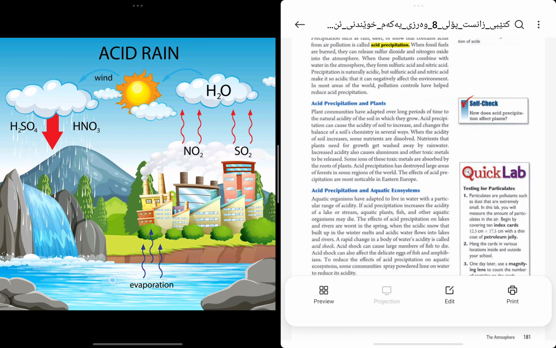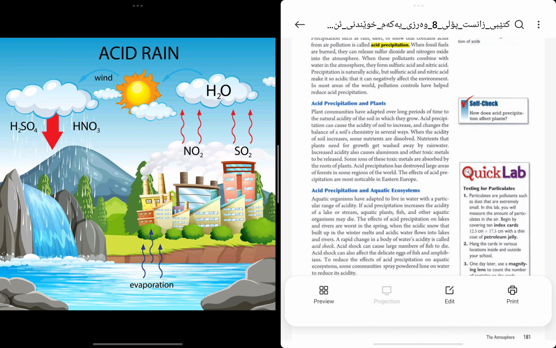You know that aquatic ecosystem means the ecosystem inside the water. So it causes the lakes and rivers to become too acidic, so the fish and aquatic life die. And this sudden change of the body of water, we call it acid shock. Acid shock is a rapid change in water acidity that kills many organisms quickly.